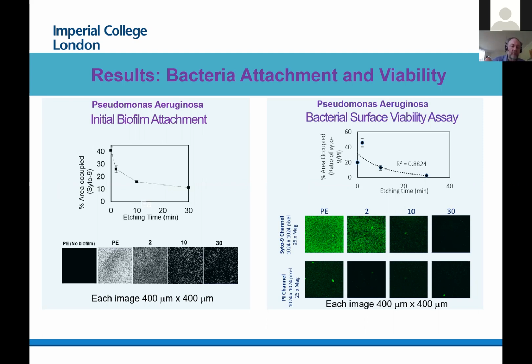So we do the same test, but of course we've got different polymers with different treatment times. What you can see quite clearly here, by the time we get to 30 minutes, we have a lot more black, much less white, which in short means there's a much lower concentration of bacteria. So the effect of simply oxidizing the surface means that less bacteria are attached to the surface.